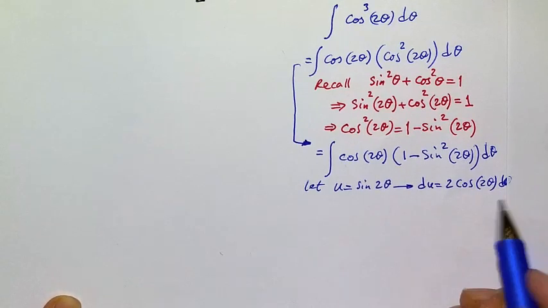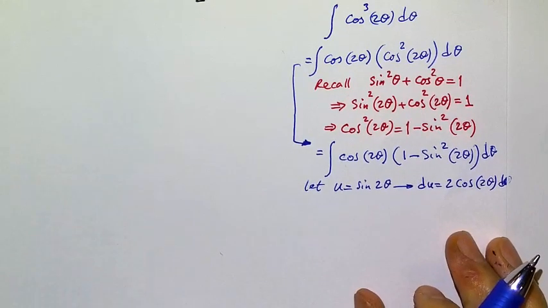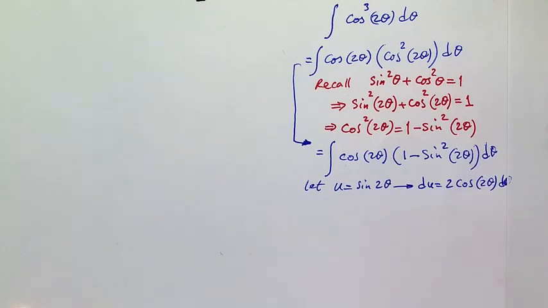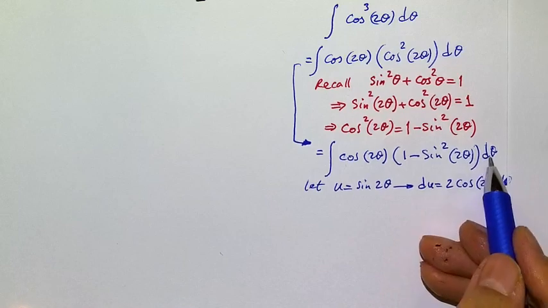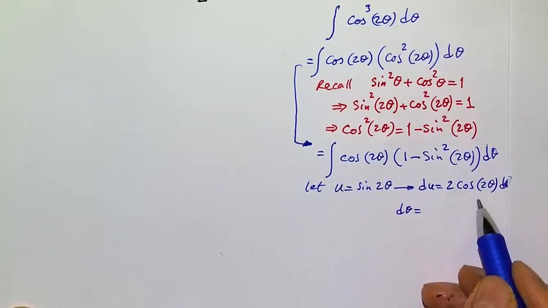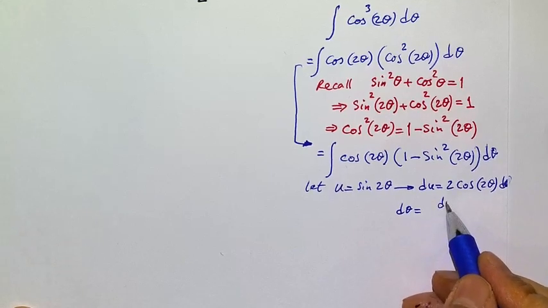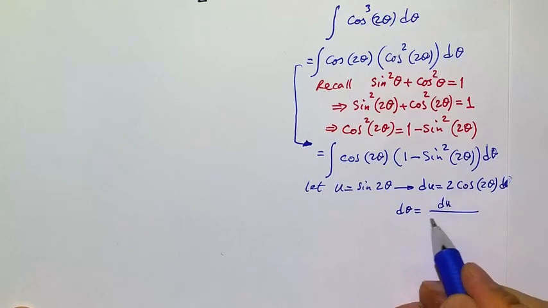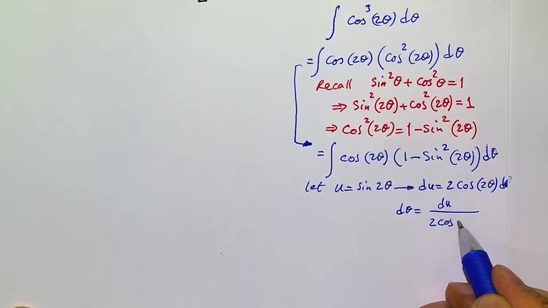I need to fix these before posting on Canvas. So based on that, we're going to have to replace that d theta. So d theta is going to be du divided by 2 cosine 2 theta.